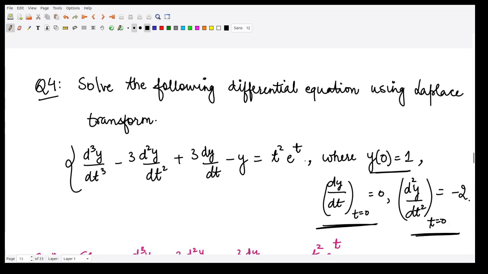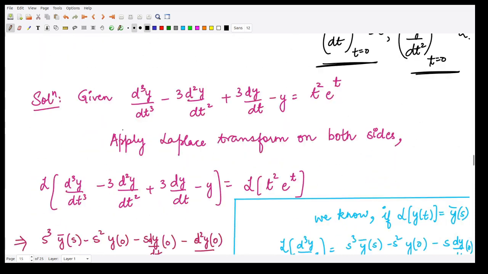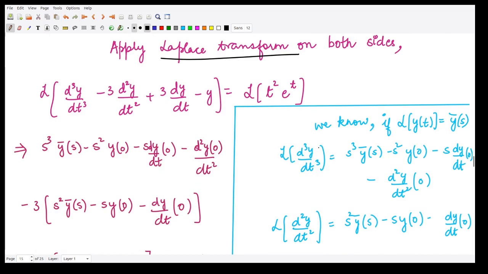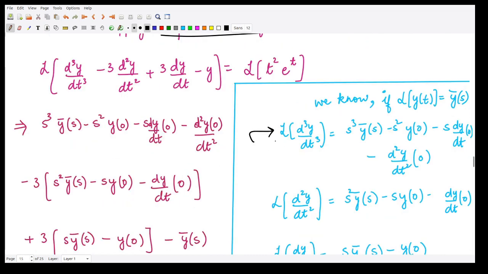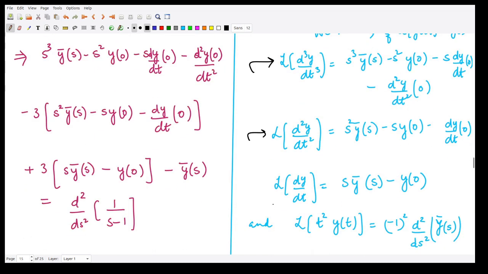In order to calculate its solution, we write our given equation, then we apply the Laplace transform on both sides, so that we'll use this formula for third order derivative, this formula for second order derivative, this formula for first order derivative, and we also know multiplication by t square onto some function y of t, and then taking its Laplace transform results into this expression.